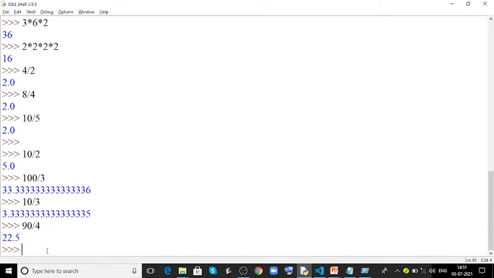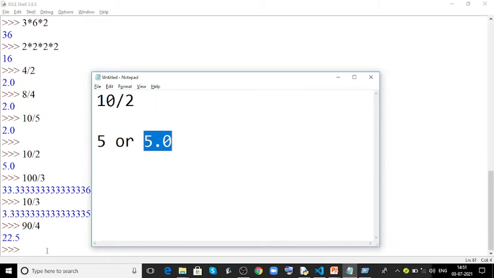So I think the operators which I have explained to you, plus, minus, multiply, division, are clear to you. Now there are some more operators which are very important, and that is new for you. Whatever I have explained to you is not new, you practice it in your mathematics.